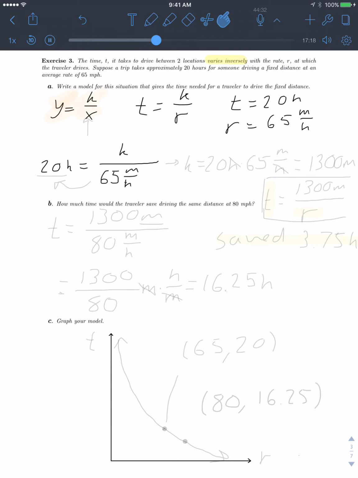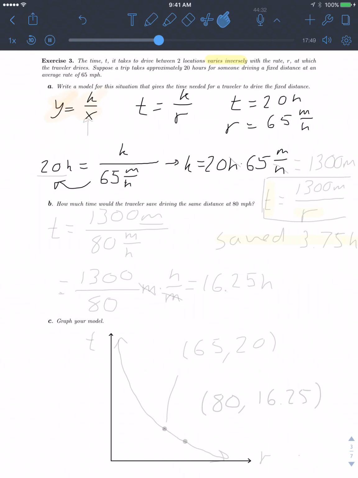Now if we're interested in solving for k, and that's what we need in this case to set up our model correctly, we want to multiply 65 miles per hour over to the other side. So we'll end up with k equals 20 hours times 65 miles per hour.